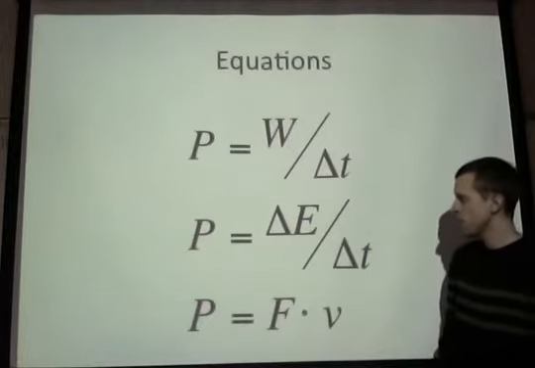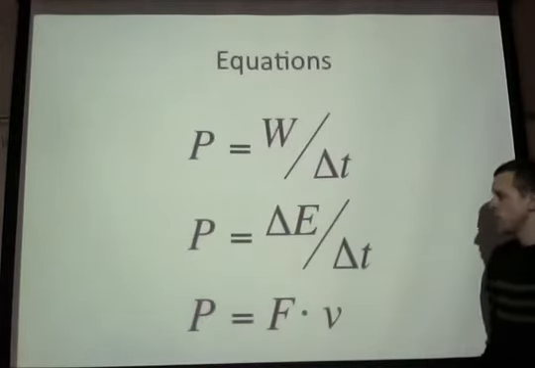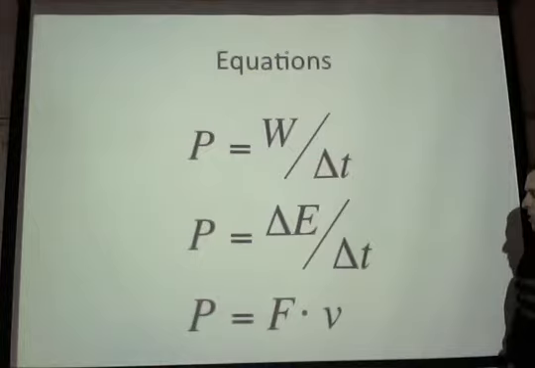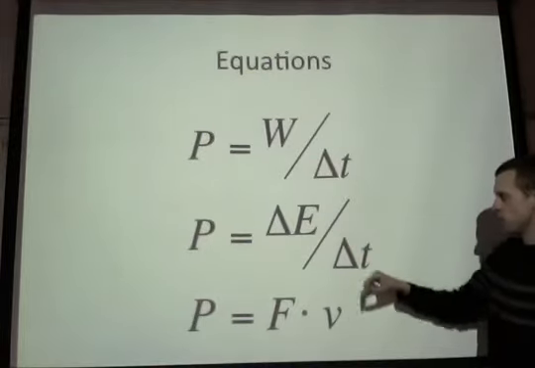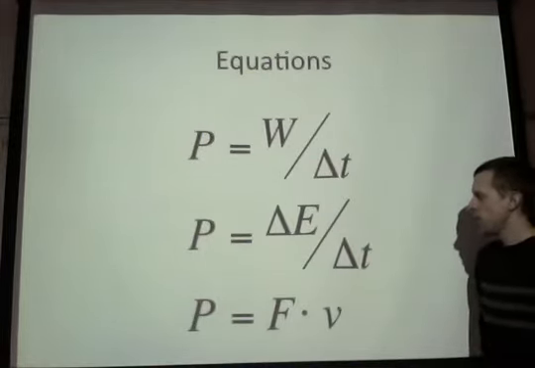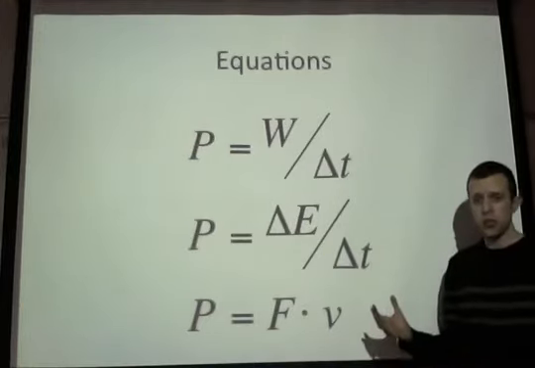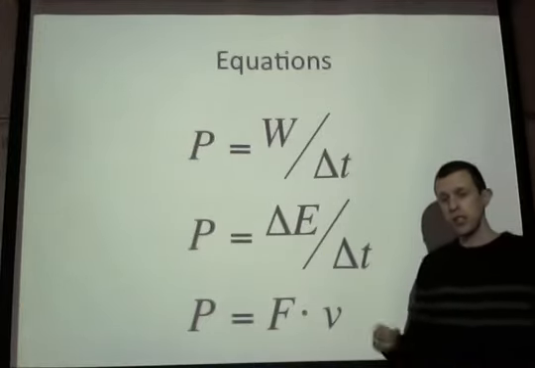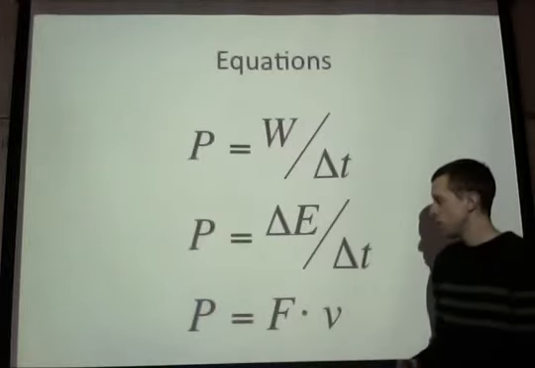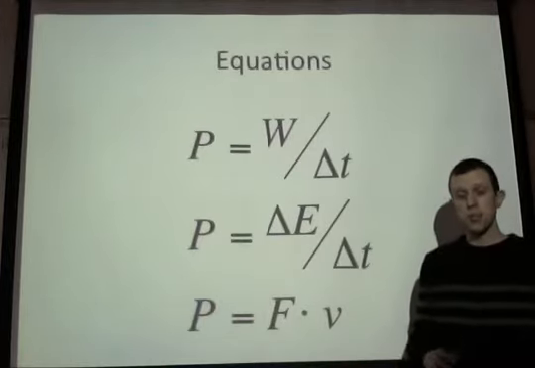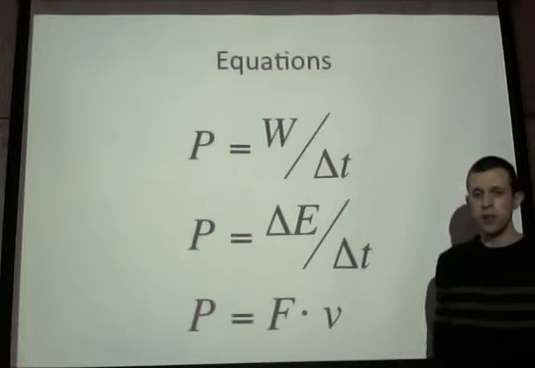The second form of that equation, delta E over delta t, is just how much energy is changed from one form to another. And again, we've worked with these other equations for gravitational potential energy, and elastic potential energy, and kinetic energy. So we can use those equations to figure out how much energy has been changed from one form to another.